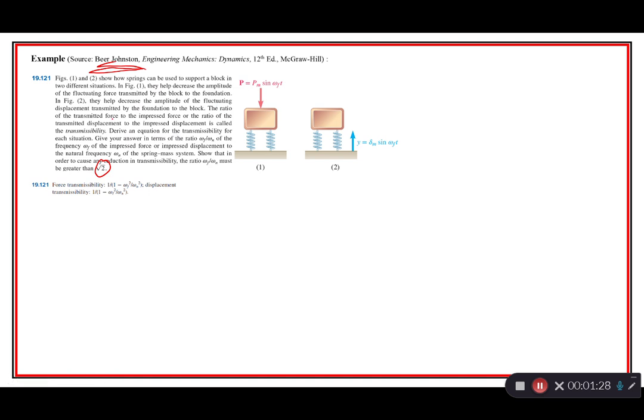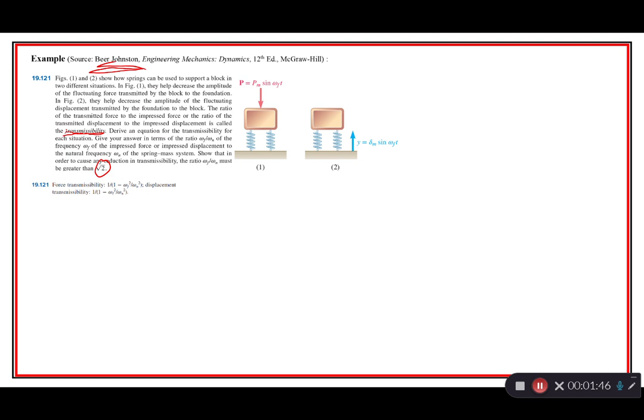The ratio of the transmitted force, or the ratio of the transmitted displacement, is called the transmissibility. That's the topic we're working on, the topic du jour, which is also a kind of soup. Derive an equation for the transmissibility for each situation.